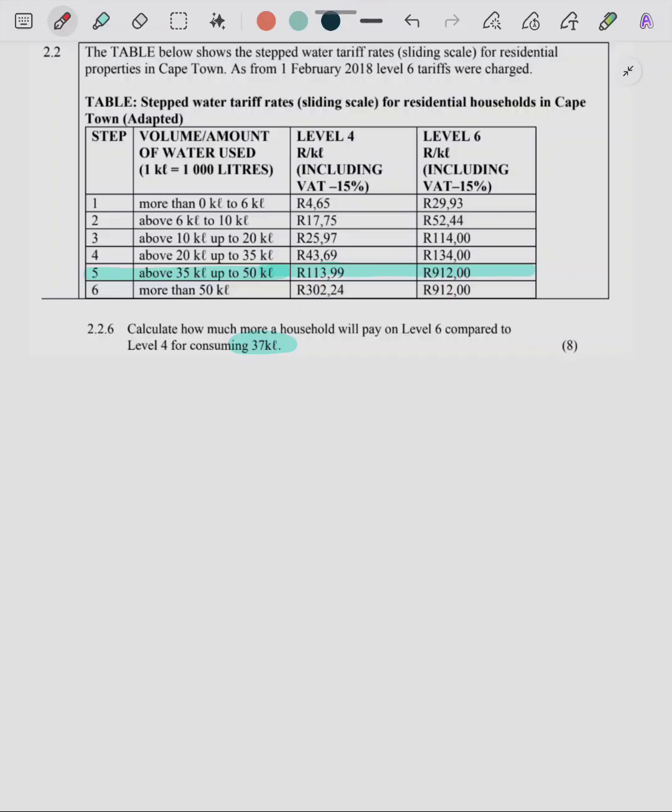So the first thing we want to do is see, okay, how many kiloliters are in each step. So step number 1 is 0 to 6, so I'm going to go 6 minus 0 is 6 kiloliters. Step number 2 is 6 to 10, so I'm going to go 10 minus 6 is 4 kiloliters.